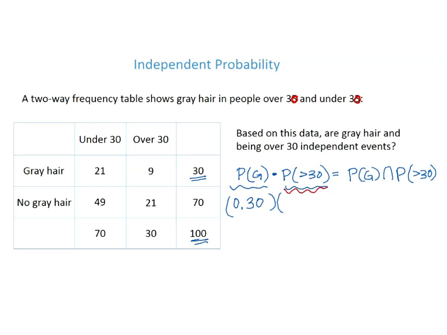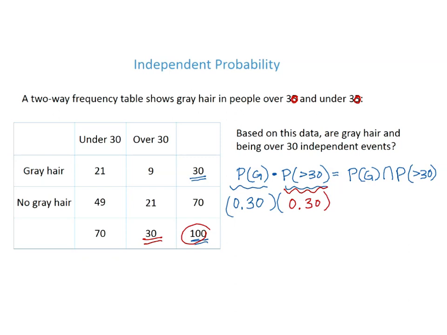Over the age of 30, there are 30 people surveyed that are over the age of 30. So 30 out of 100 is, again, 0.30, right? 30 hundredths. Or if you don't feel comfortable converting from 30/100ths the fraction to the decimal, you could do 30 divided by 100 and you'll get the same thing.